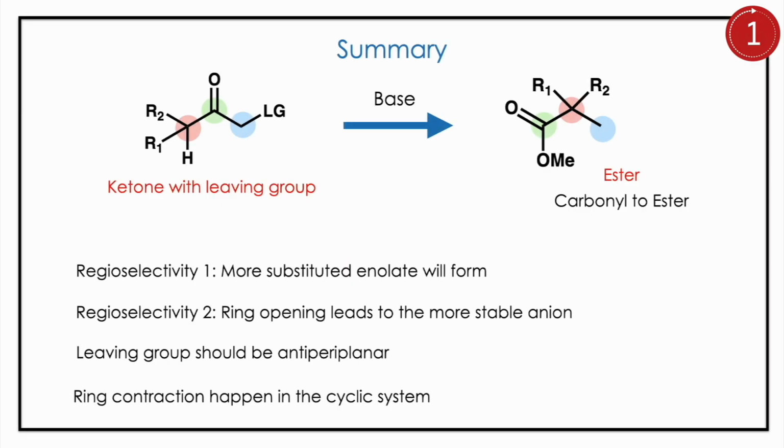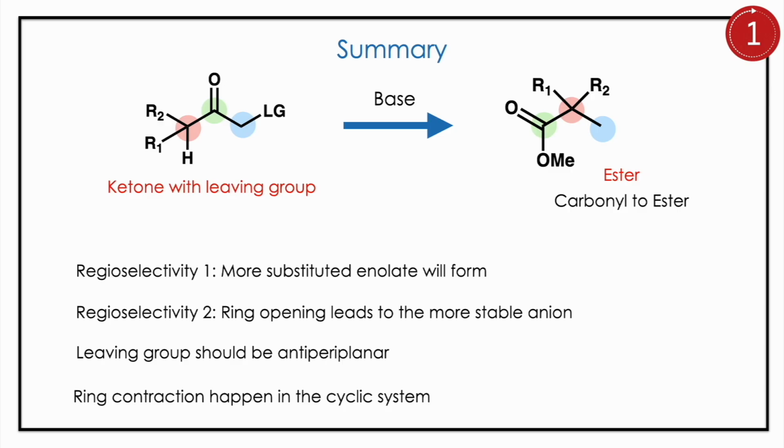Let us summarize what we learned. In Favorskii rearrangement, you should have a carbonyl, alpha hydrogen, and an alpha leaving group. If you use a base, you end up with an ester with the carbon skeleton changed. The final product is tunable, but fundamentally it is an ester. Here you have two regioselectivities. The first one is that the more substituted enolate will form because it is thermodynamically stable.